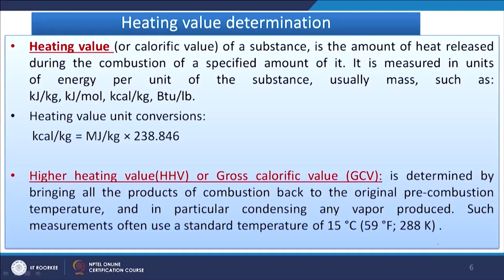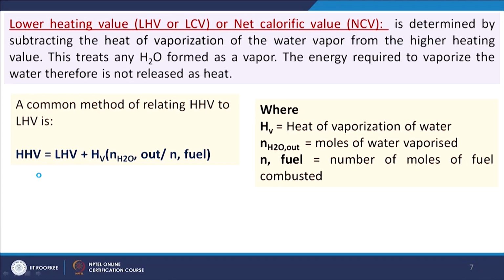The low heating value is the difference, where we have to subtract the energy required to vaporize the water available in the flue gas. So, the difference between the higher heating value and the lower heating value is the energy required to vaporize the water.